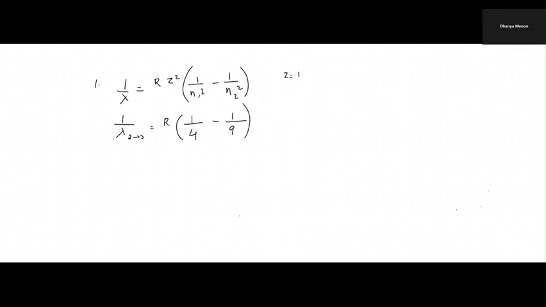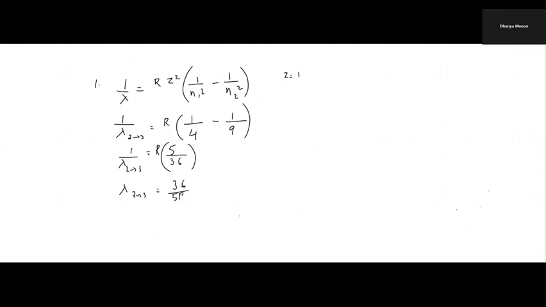So we get 36, this is 1 by lambda 2. Now if I want to find out lambda, we get 36 by 5R.